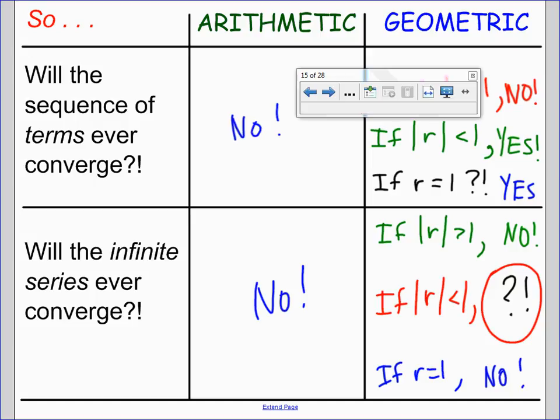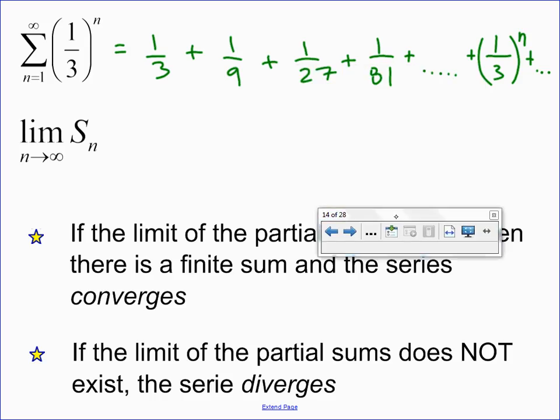If we consider the limit of partial sums for the infinite series that sums the geometric sequence terms 1/3 to the n, we're thinking that this might be approaching something as well.